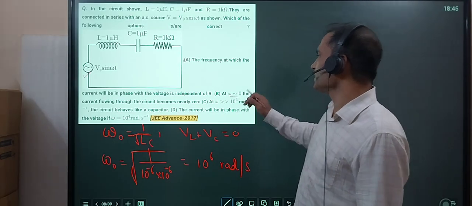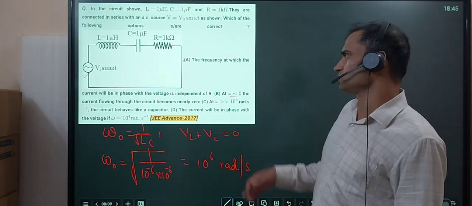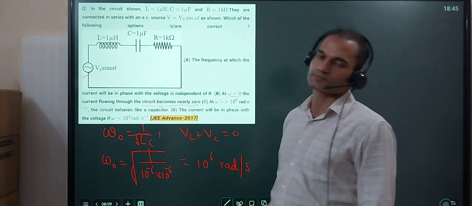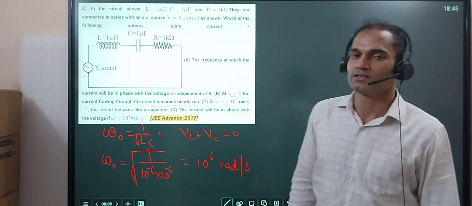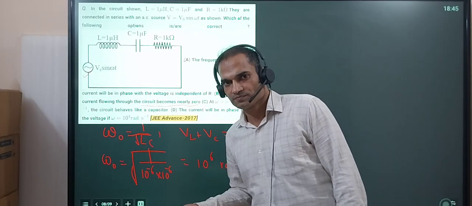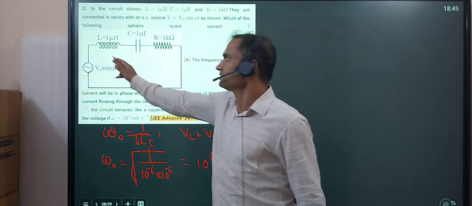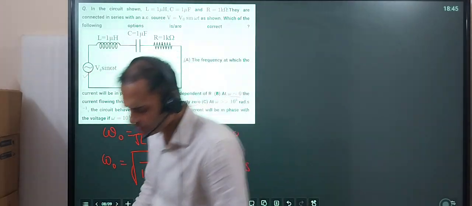At omega equal to 0, close to 0, current flowing through the circuit become nearly 0. So that is also correct. When omega is 0, capacitive reactance is very high. Inductive reactance will be close to 0.